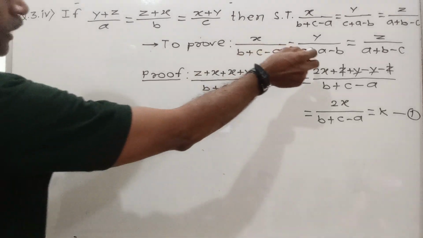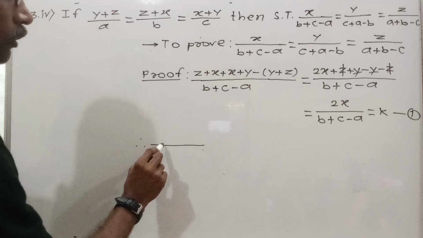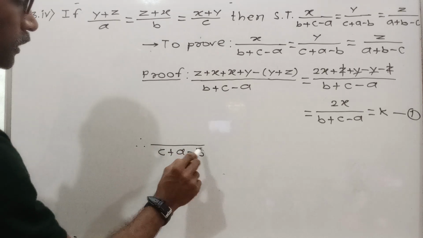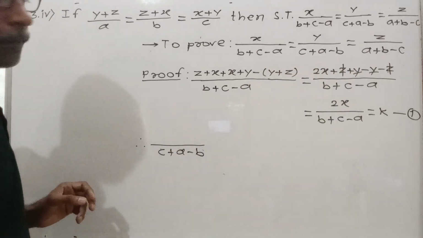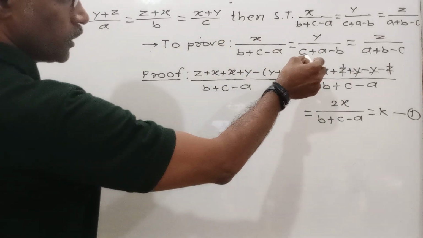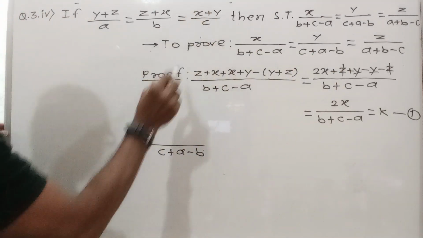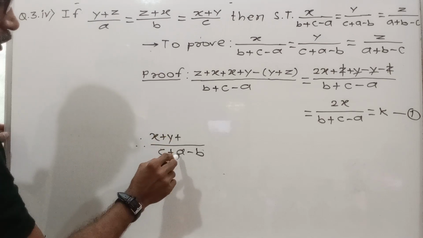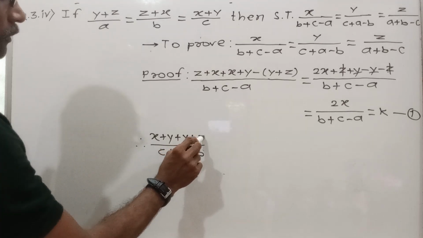Similarly, we take this denominator. See here carefully: c plus a minus b, the second denominator of our to prove. Now c's numerator is x plus y, plus numerator of a, y plus z.